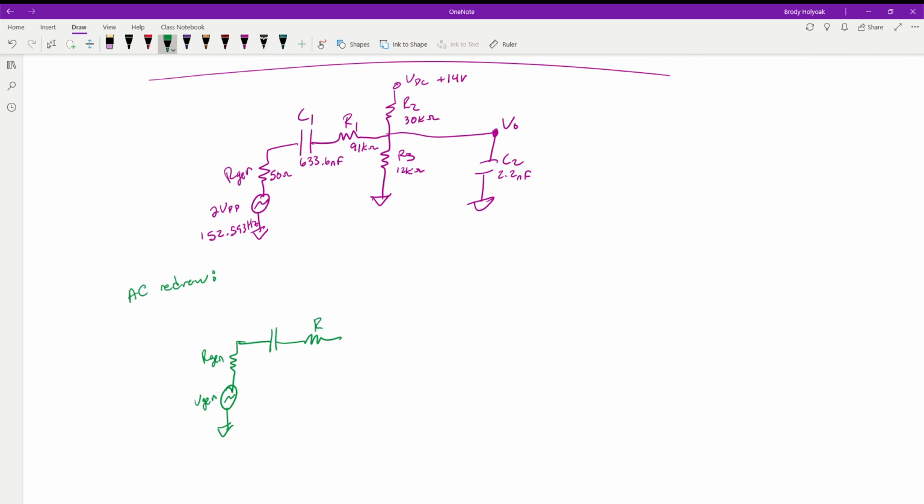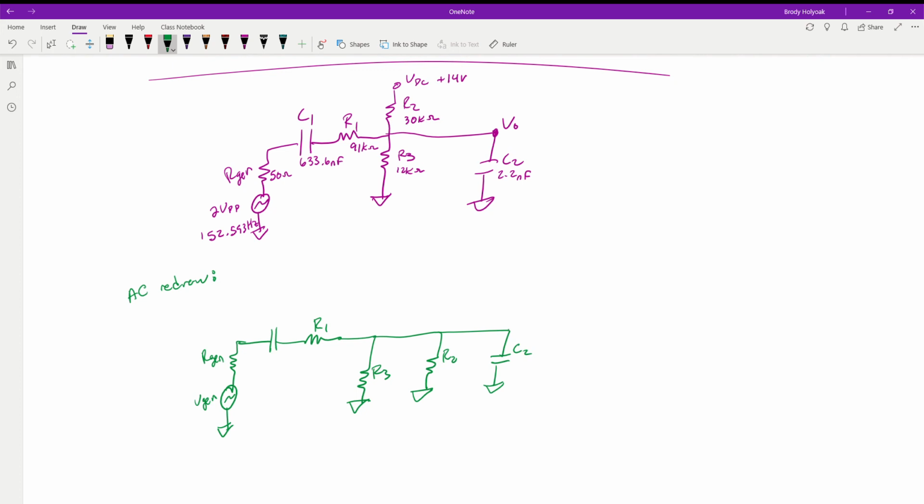This is going into R1. Now remember, our VDC is shorted to ground. So if that's to ground with the schematic symbol, we can bring everything down to where everything is laid out nicer. So R1 is going to be connected into R3 to ground in parallel with R2 to ground in parallel with our capacitor 2 to ground.